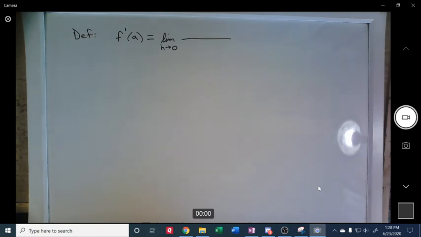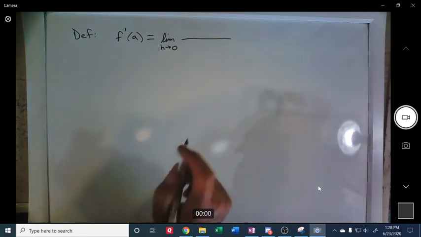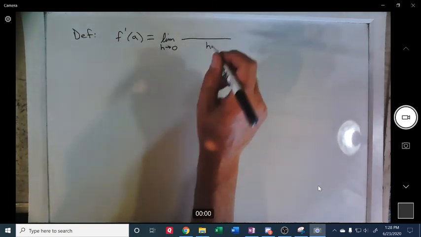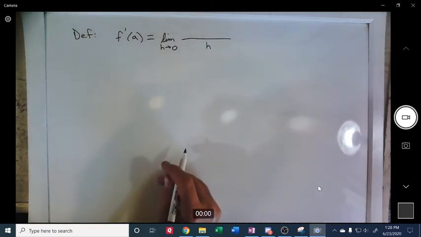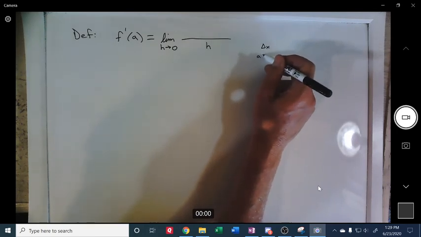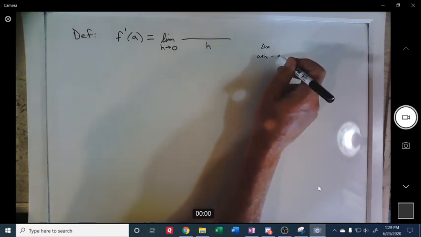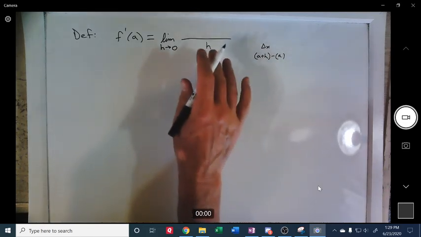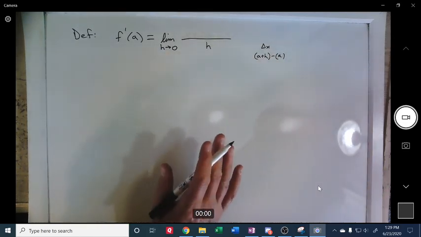All right, anybody need more time? All right, so I can remember that h was in the bottom. But what was the h representing? Remember, that was the change in the x. It was really a plus h minus a, and the a's canceled out and you got the h.